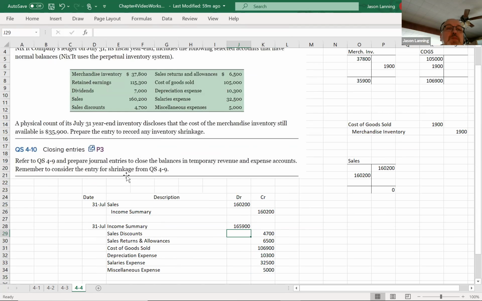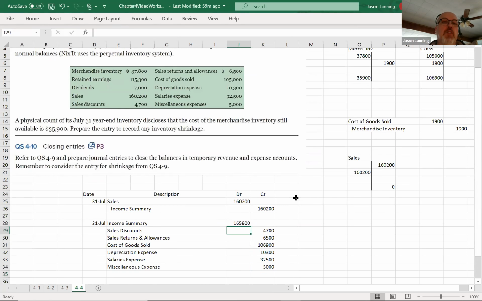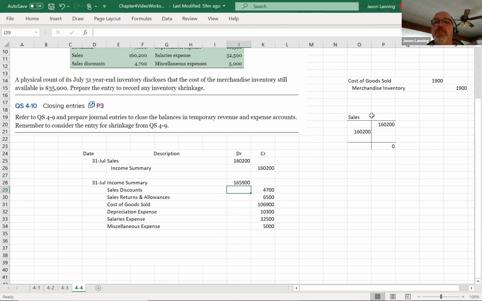So this is what we're looking at here. If we were to follow this out, it doesn't ask us to, but we'll do it anyways. If we looked at this and copy this over, because we want to do a T account here, or really a T account for income summary. Copy that, paste that. Okay.